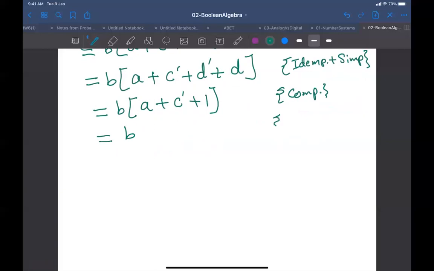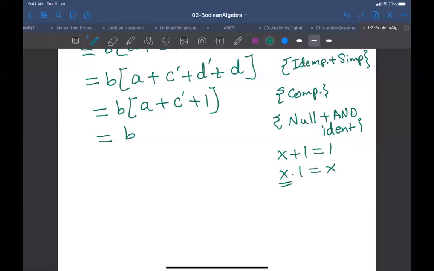Who can tell me by what? By the null property, because the null property says X ORed with 1 is 1. And also by the AND identity. What does the AND identity say? It says X AND with 1 is equal to X, which in our case, X is B.